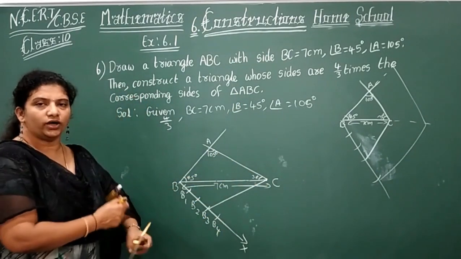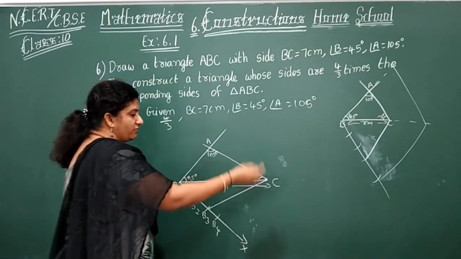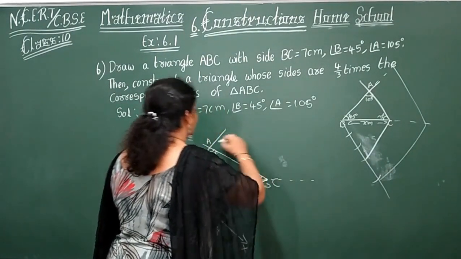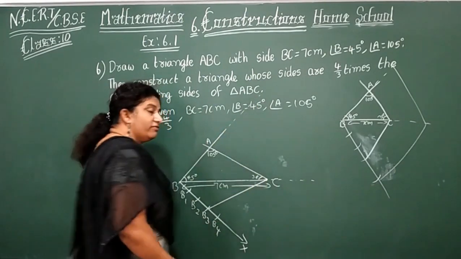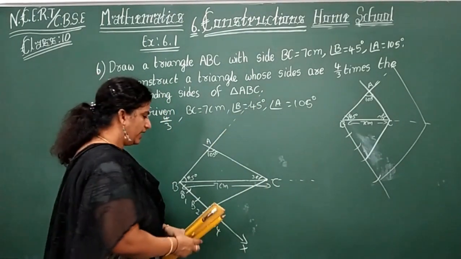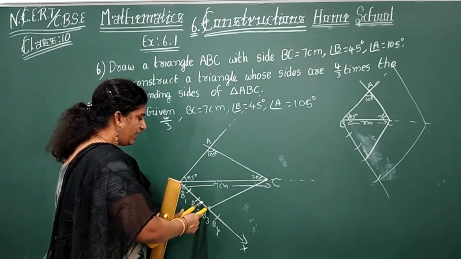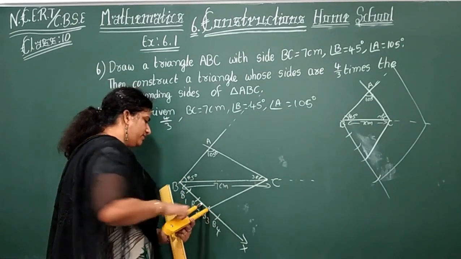So now, what can you guess here? Yes, this point should be exterior to this triangle. So take a scale and draw a dotted line here. Using a scale you need to do it, children, not freehand, right? So now, what am I going to do? Observe here carefully. Take some measurement.